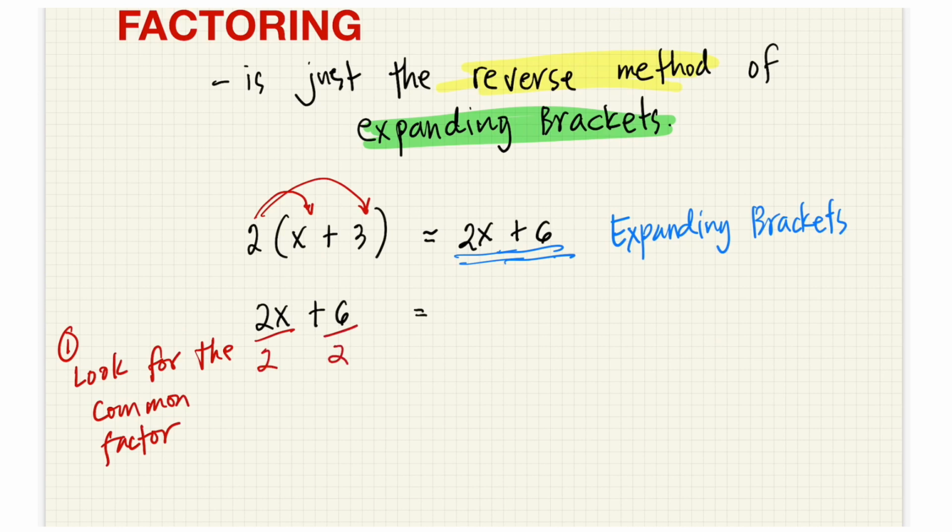Then we divide, and this common factor here, we're going to write outside the bracket. Now after we divide, 2 divided by 2, the result is x. Copy the sign plus, 6 divided by 2, the answer is 3. And we have now an expression inside the bracket.